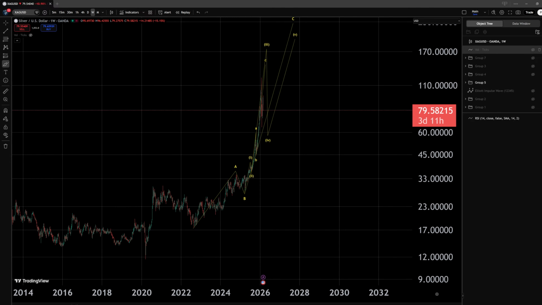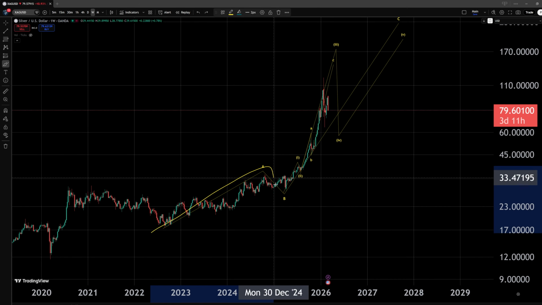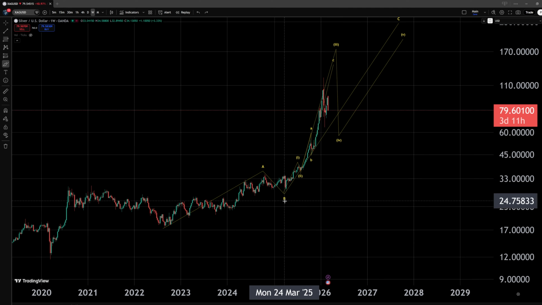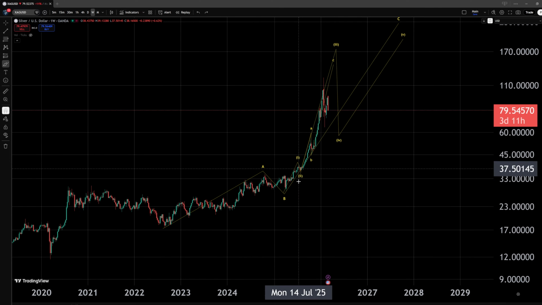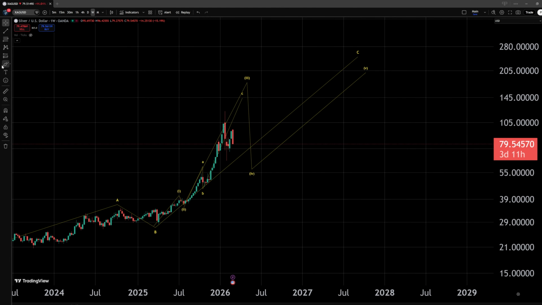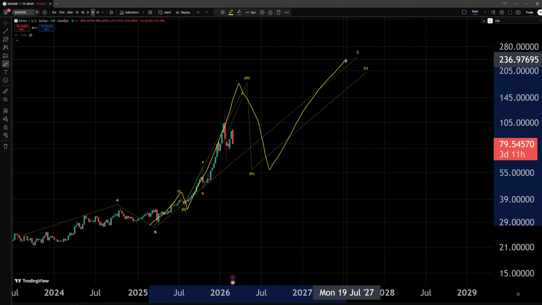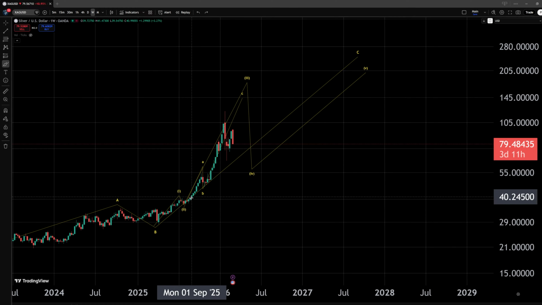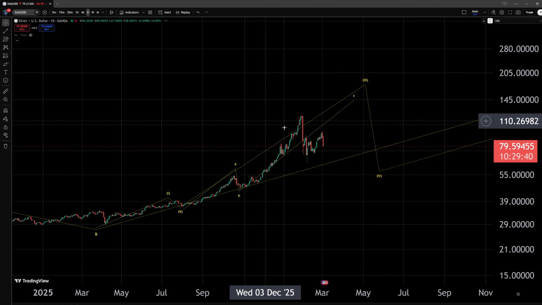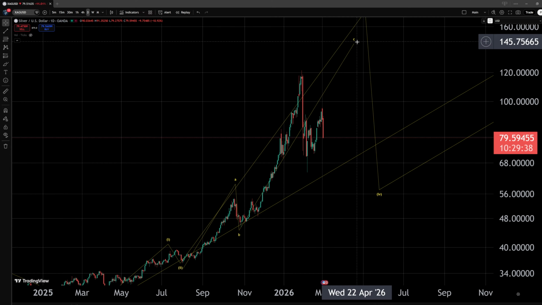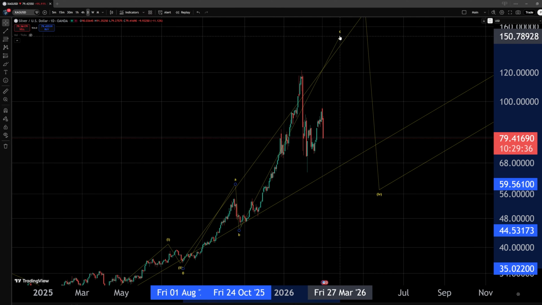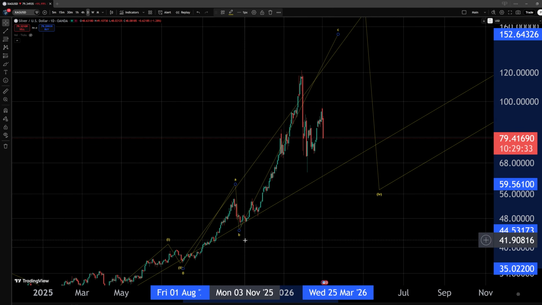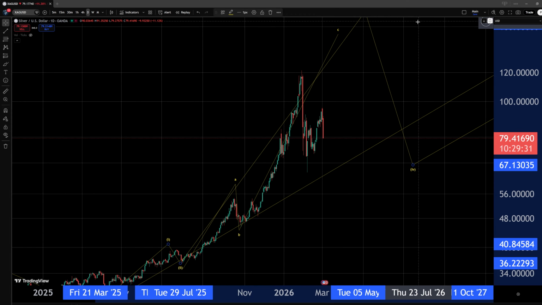So for context, we have here within this ABC pattern to the upside, an ending diagonal unfolding within this wave C. But even within it, we have a 5-wave pattern, and within this 5-wave pattern, I'm still looking for the wave 3 to extend itself, as within this structure we are still holding the relevant levels of support, and it would look better with one additional high before forming the larger wave 4 correction.